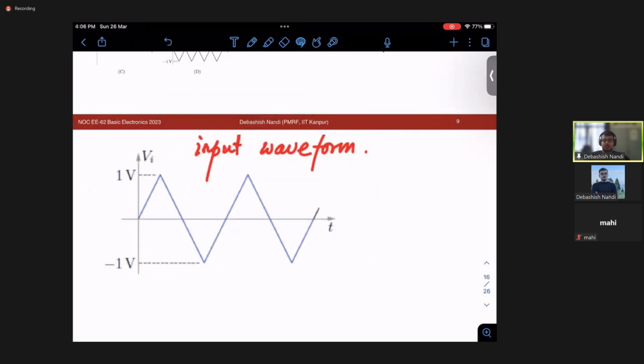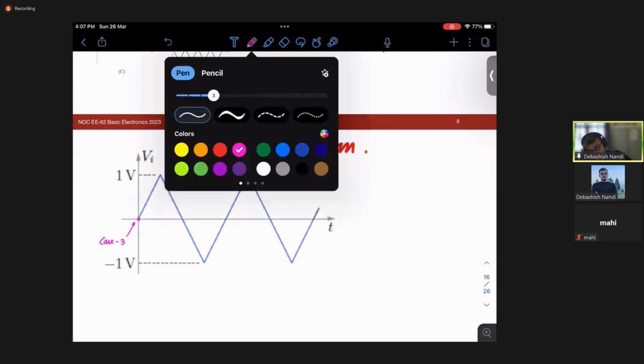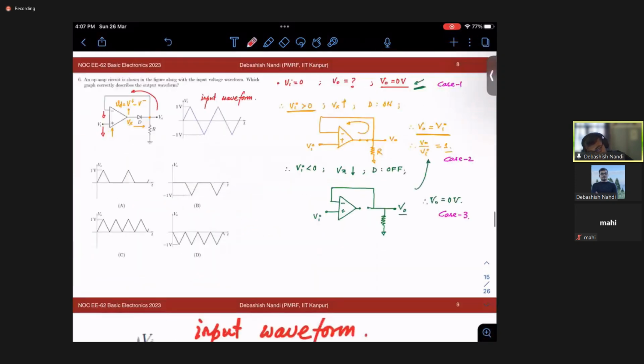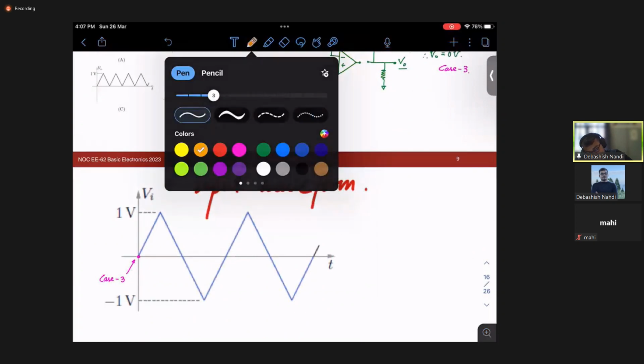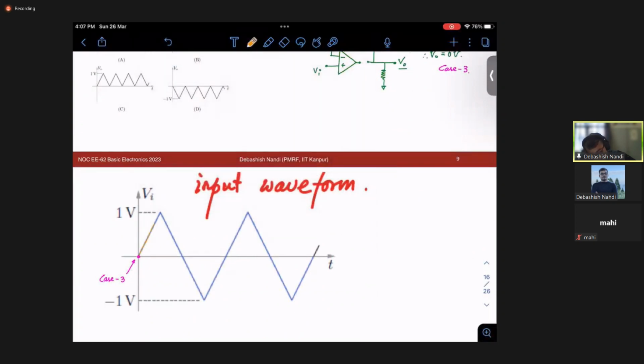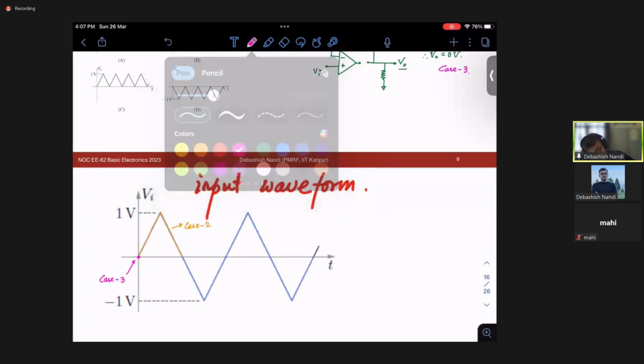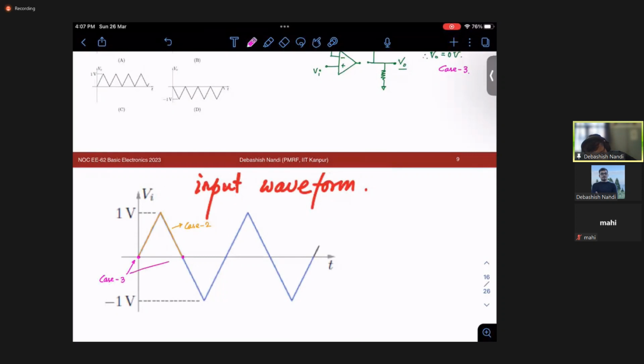If I simply copy the input waveform, at this point my circuit is in case 3. As soon as it is in the positive half cycle, it is in case 2. Again it comes back to case 3 at this point.